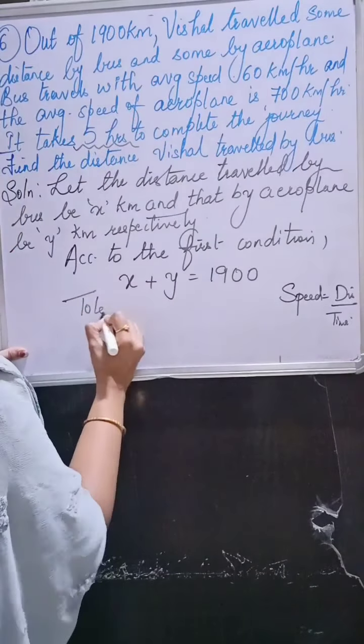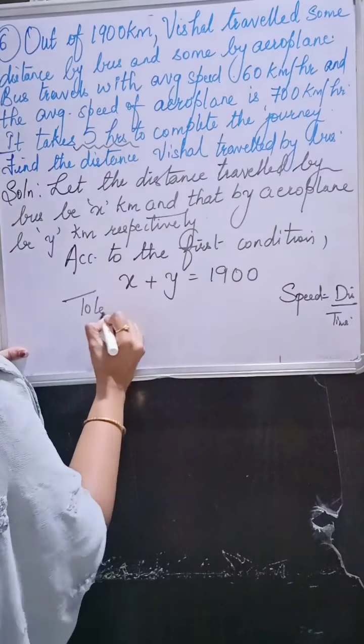So for this case, I'll cross multiply: t into 60 is equal to x. So what will be t? t is equal to x upon 60. This is the time taken by bus. Time taken by bus, x upon 60.